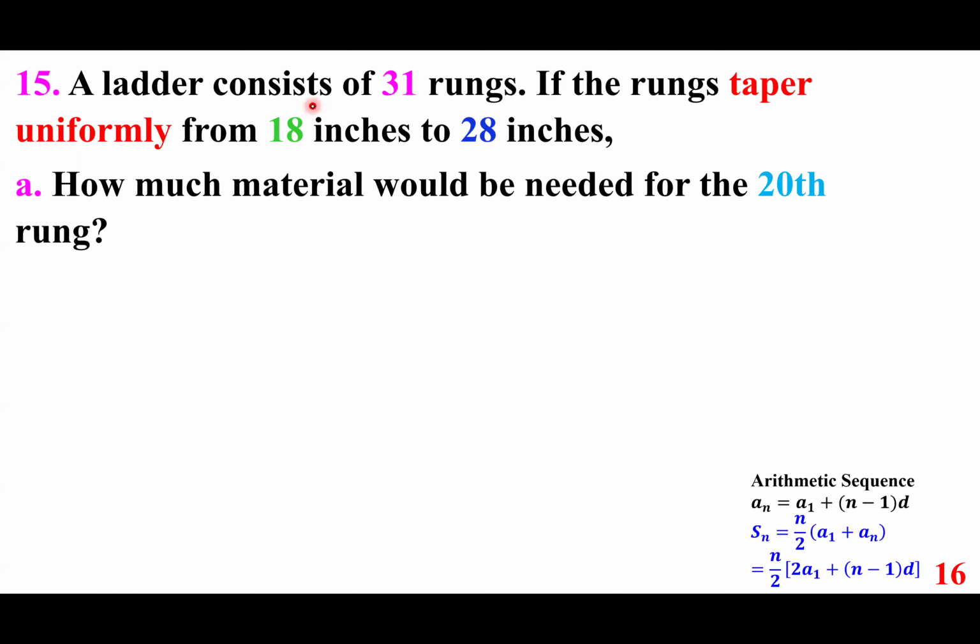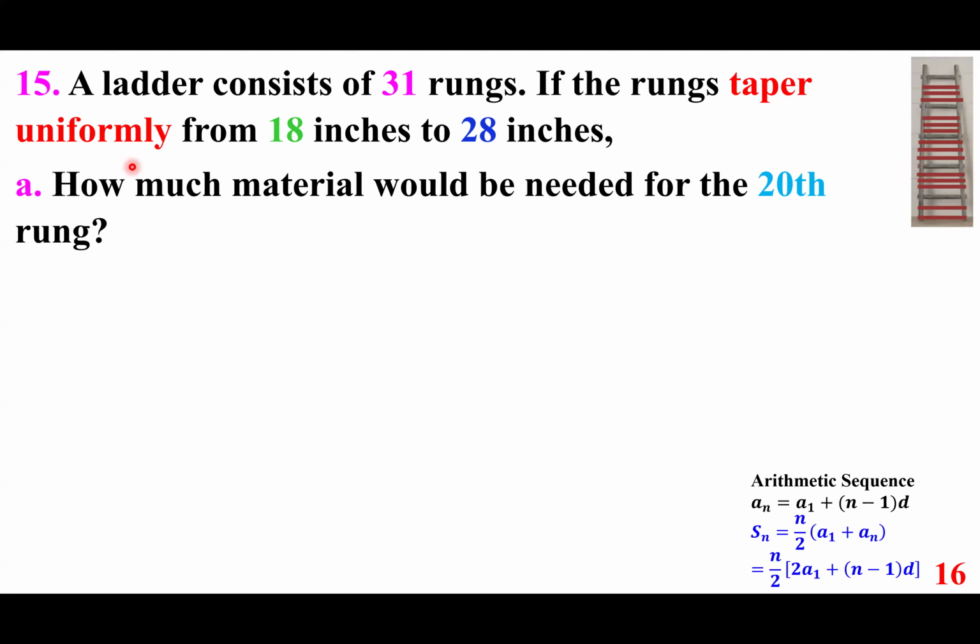A ladder consists of 31 rungs. If the rungs taper uniformly from 18 to 28 inches, how much material would be needed for the 20th rung? So the idea is that the ladder looks like that, so the top one is a little bit smaller than the bottom one, but they are uniformly set.